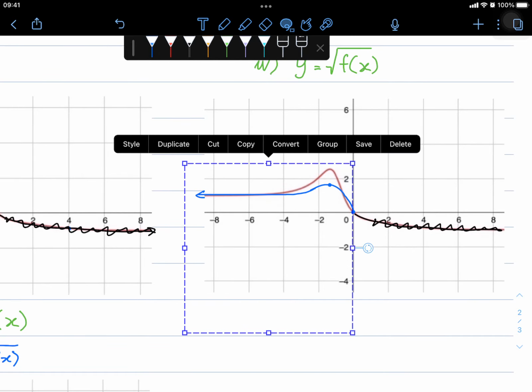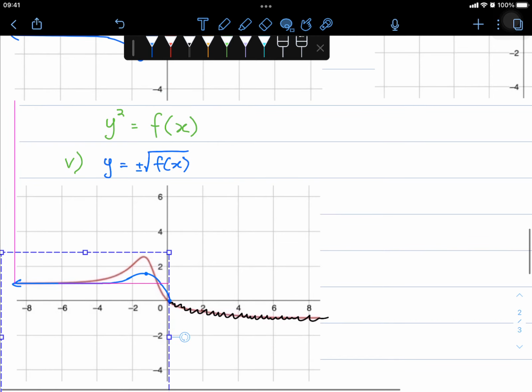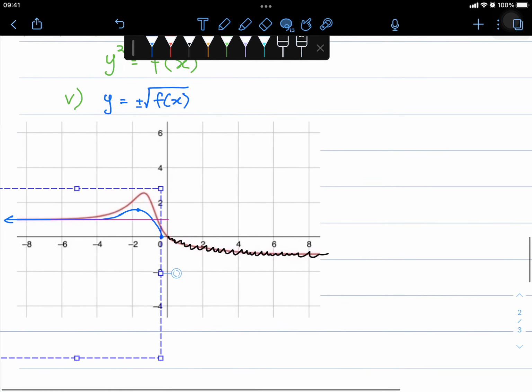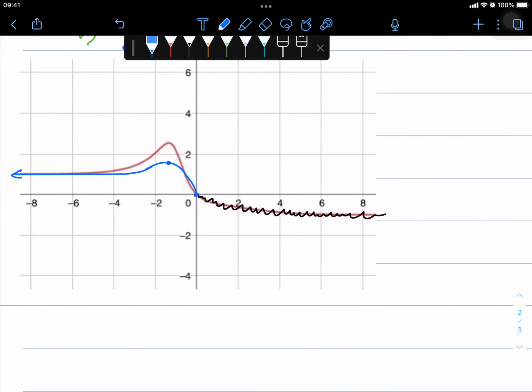Save me some time. It's the exact same thing, like so. Except now as well, there's a reflection of it along the x-axis. Something to that effect. And there we have it.